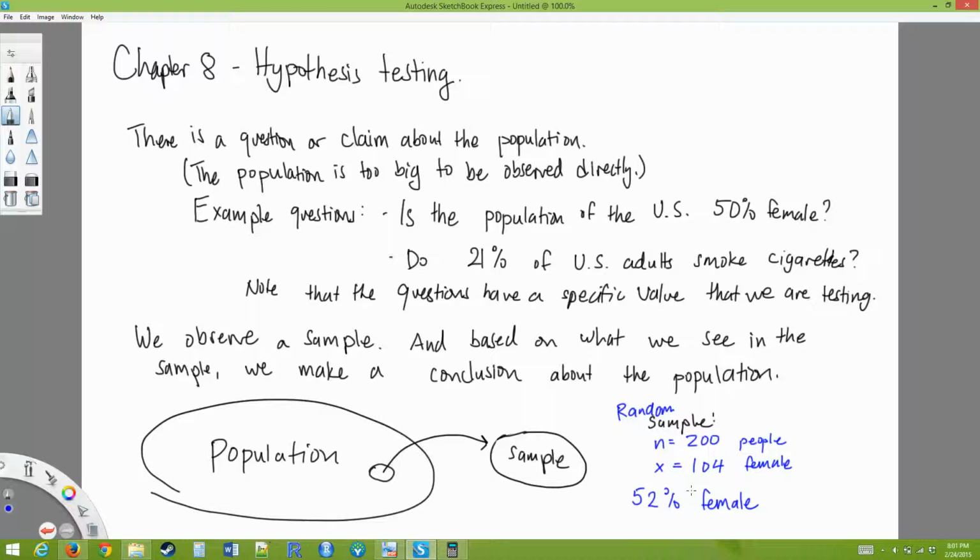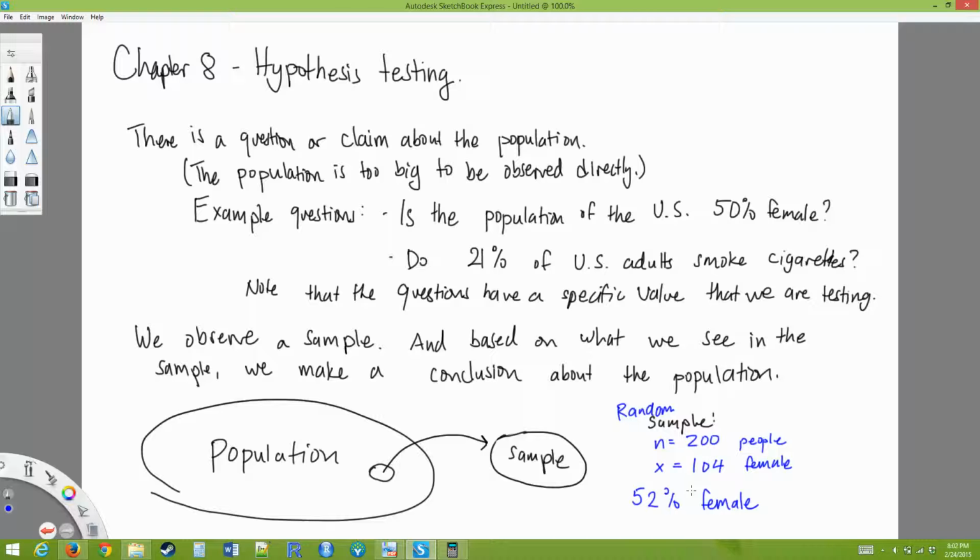Maybe someone's suggesting new policy, right? Someone says, you know what? Over 50% of the United States is female, so when we build our next school, let's make sure we have more bathrooms for females than males, okay? And we're going to write a new law.